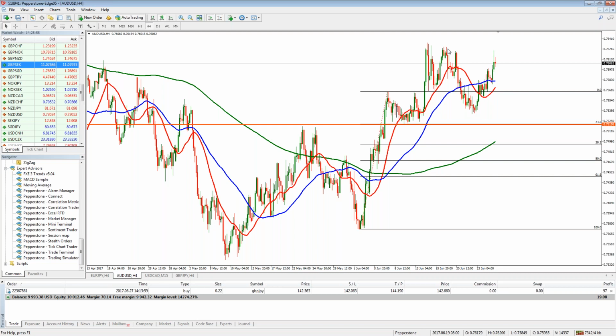Is there a wrong or a right? Absolutely not, but you have to be aware that the EMA is a little bit faster, and as much as it can get you in the trade earlier, it can often give you a couple of false breakouts that a simple moving average just won't give you. So it's personal preference, as long as you're aware of what the EMA and the SMA are representing.